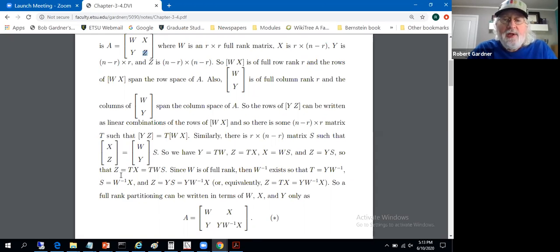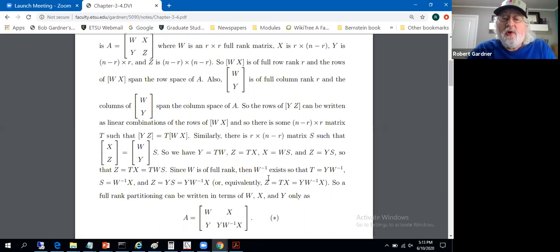Okay, well, Z equals T times X. All right, here, X can be written as WS, so we can substitute this in for X to say Z equals T times X, second equation, which equals T times W times S from the third of these four equations. W is full rank. That was the setup. It's rank R, and it's R by R. It's full row rank, it's full column rank, square matrix.